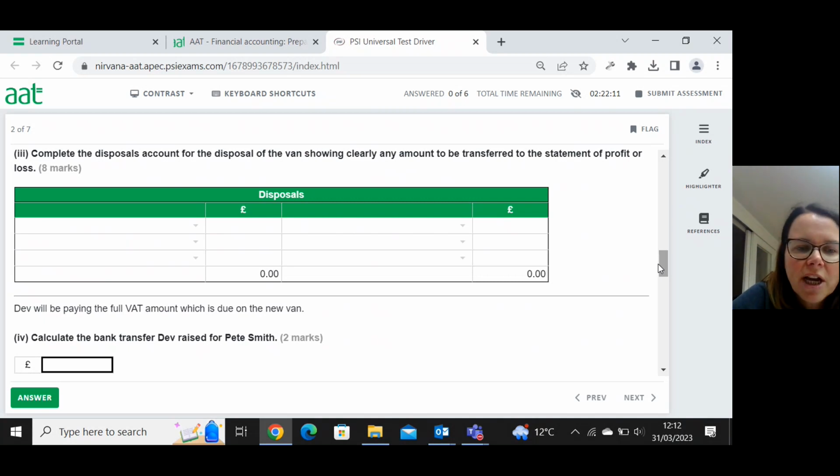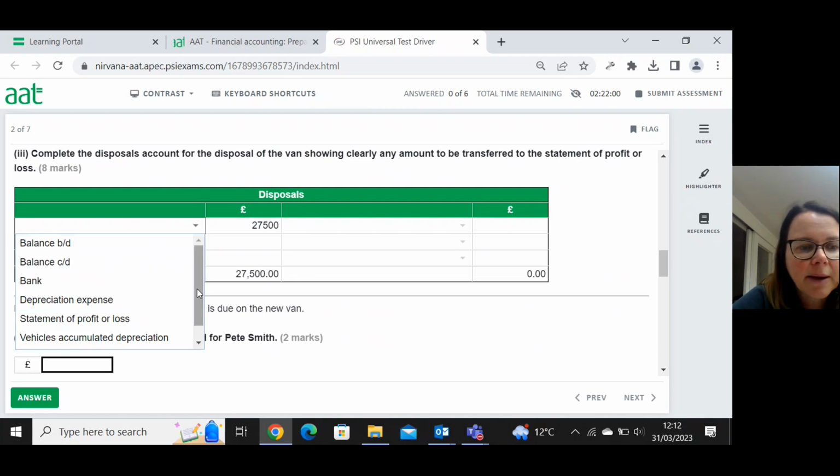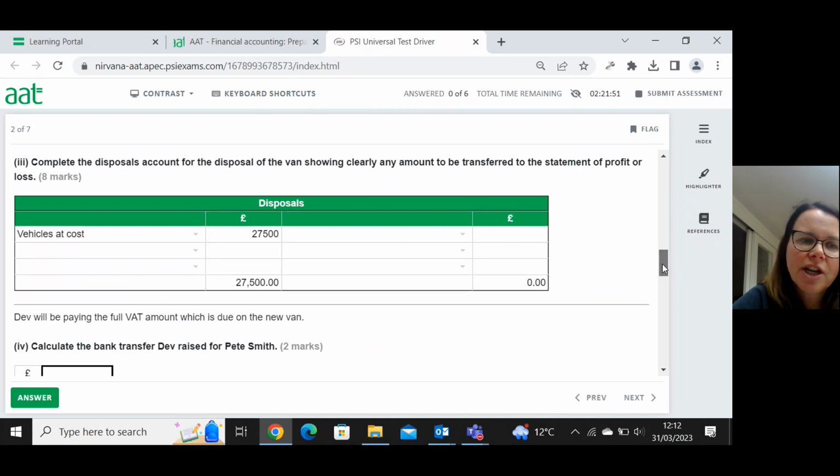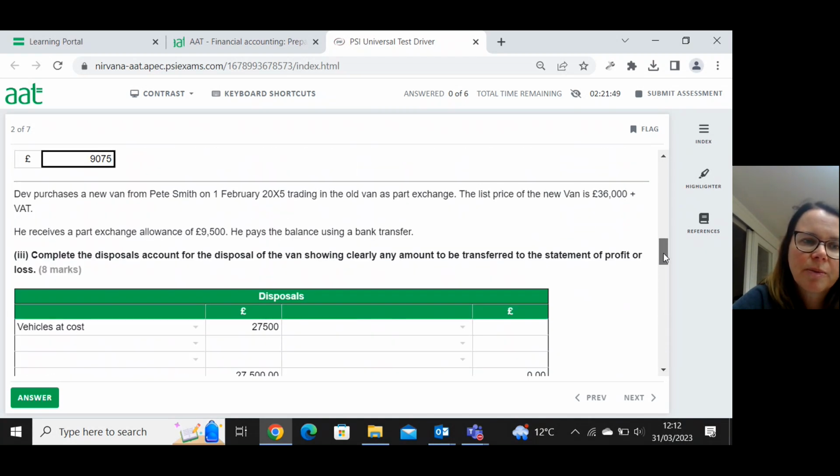So to get rid of it, we're going to credit the cost account and debit the disposals. And the narrative for that first box will be vehicles at cost, because that's the other side of the double entry.